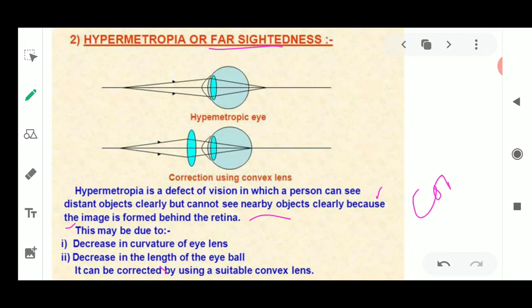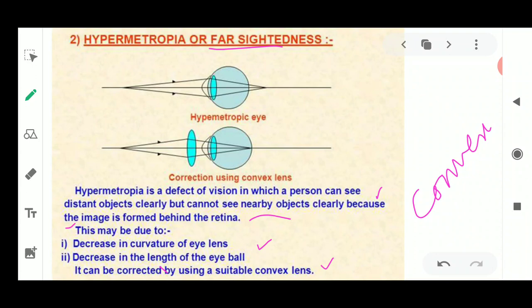Here we are using the convex lens, which is responsible for changing the focal length, and because of which a suitable image is going to form on the retina. So this hypermetropia or farsightedness is corrected by the use of a suitable convex lens.